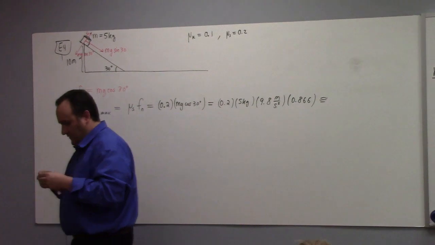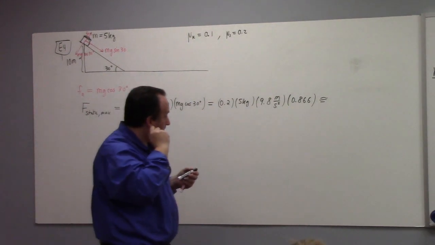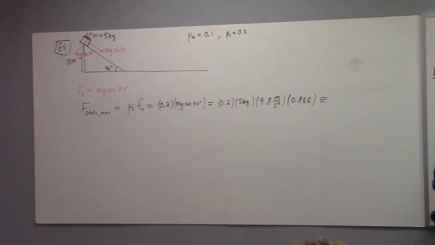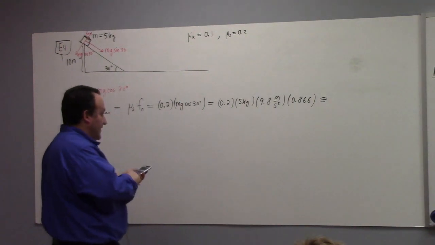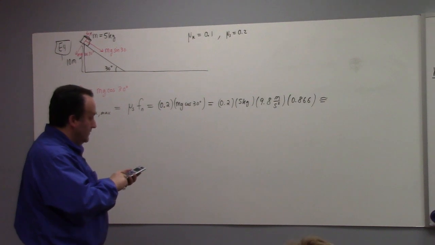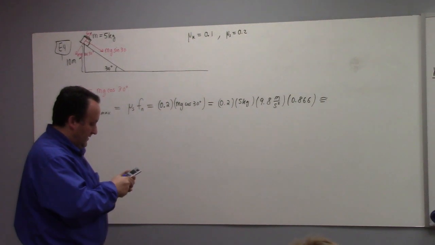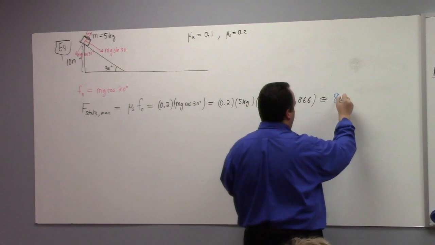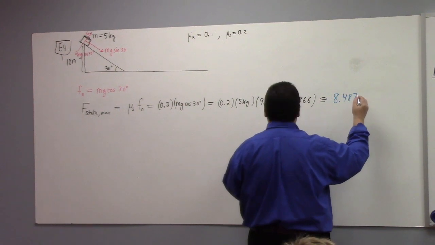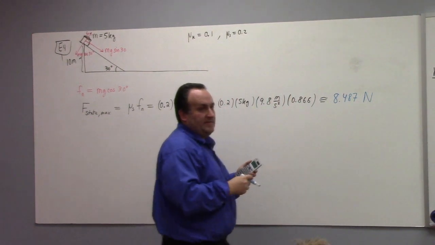What is my max force of friction available? 0.2 times 5 times 9.8 times cosine of 30, I get 8.487 newtons. Is that enough to keep it put?